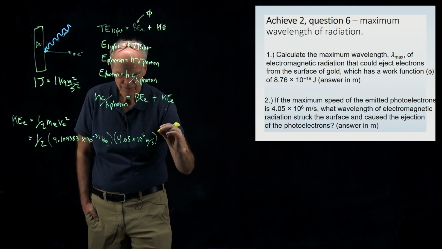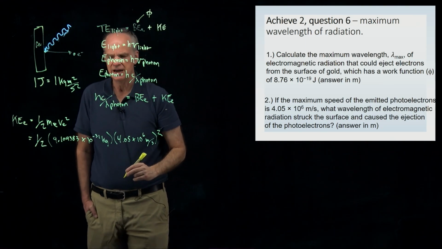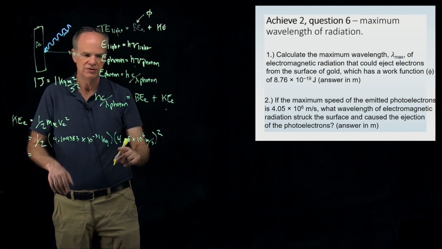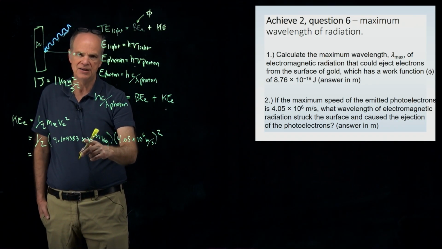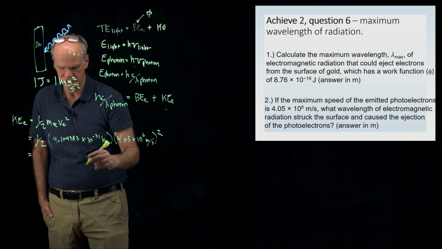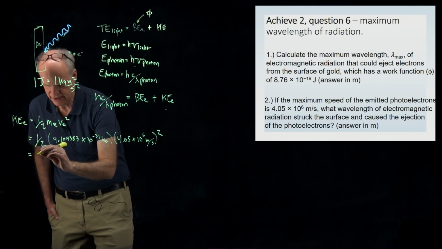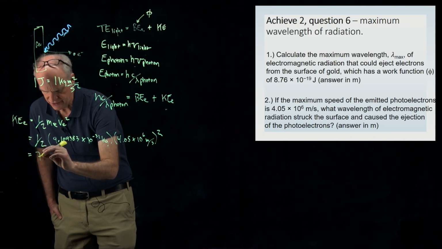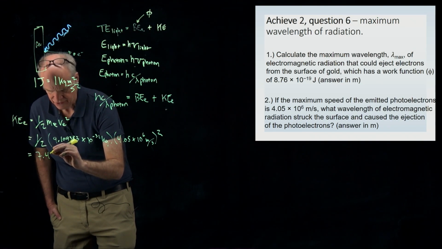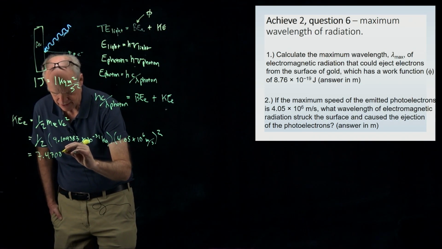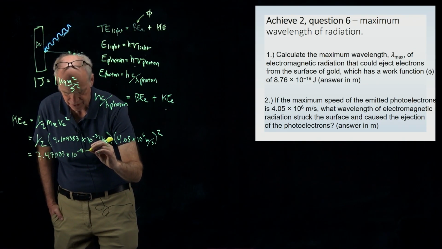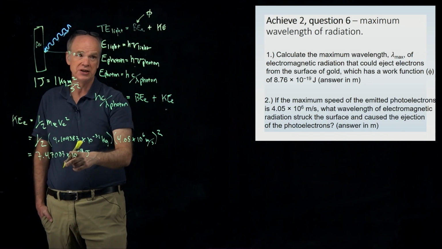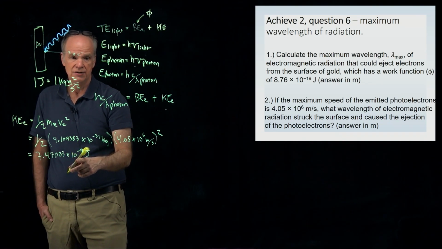You're going to have to square that. You really have to do the math carefully. You first have to square the speed, then multiply by the mass of the electron in kilograms, and then divide by 2. When I did that, I got 7.47083 times 10 to the negative 18 joules. So this is the kinetic energy of the electron.